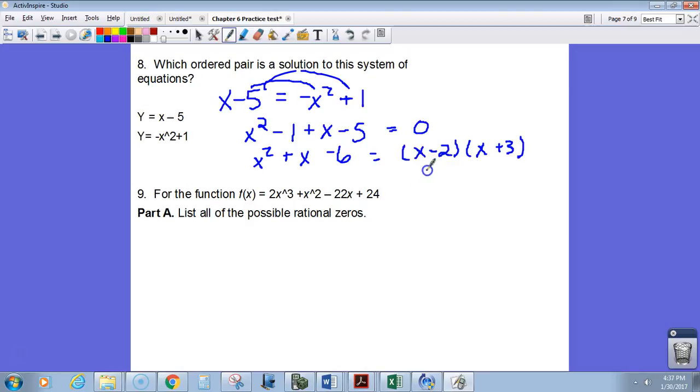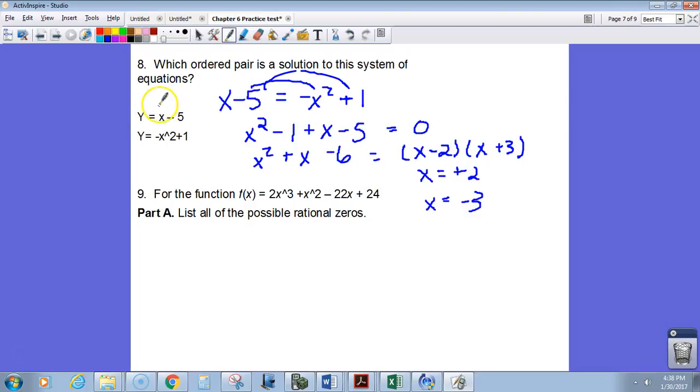Okay, so our answers, they should cross at x equals positive 2 on one of them, and x equals negative 3 on the other. But remember, it wants an ordered pair. So let's just go back up here.